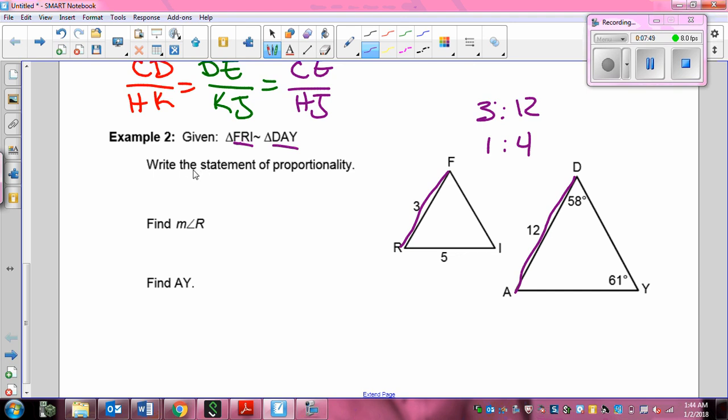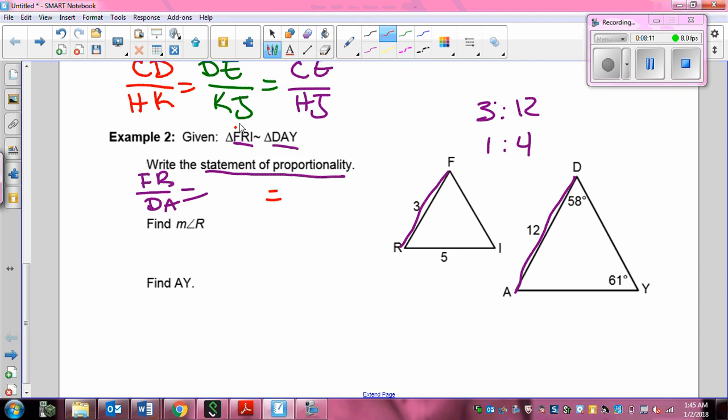So they're asking me for my statement of proportionality. Let's look at which sides are proportionate. I know that FR over DA is equal to, and I want you guys to tell me what the middle one is.